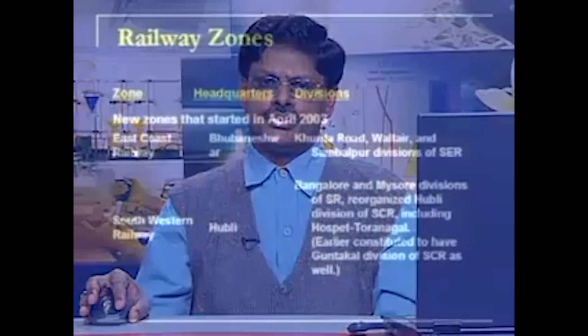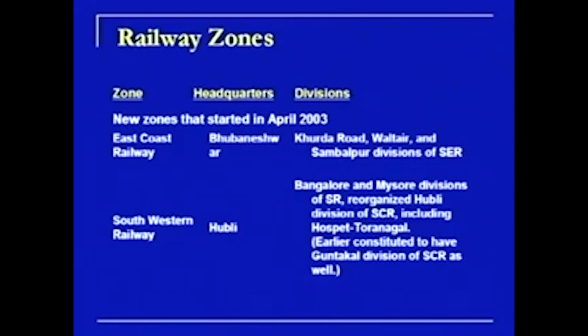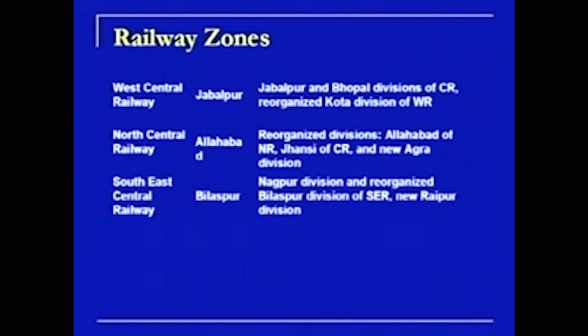In 2003, some new zones were created: East Coast Railway, with its headquarters at Bhubaneswar; South Western Railway, with its headquarters at Hubli; West Central Railway, with its headquarters at Jabalpur; North Central Railway, with its headquarters at Allahabad; and South East Central Railway, with its headquarters at Bilaspur. The different sections or divisions that come under the purview of all these zones have also been shown here.